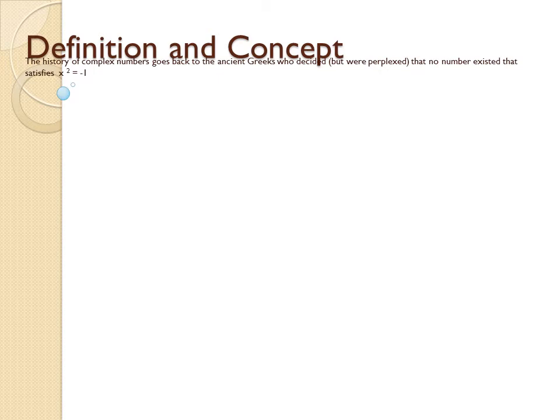The history of complex number goes back to the ancient Greeks, because there are lots of Greek mathematicians who put down many rules of ancient mathematics, and lots of today's mathematical theorems and rules have come from the Greeks. So our first concept was that no number existed that satisfies x square equal to minus 1.